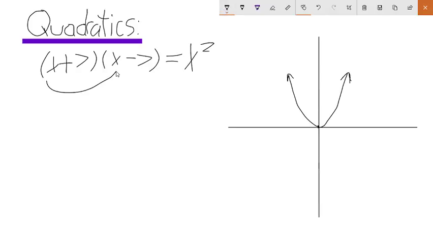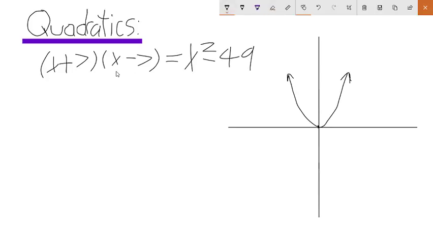Then we're going to have x times negative 7, which is negative 7x. And then we're going to have 7 times x, which is plus 7x. And then negative 7 times a positive 7, which is minus 49. If we simplify that, we're left with x squared minus 49.